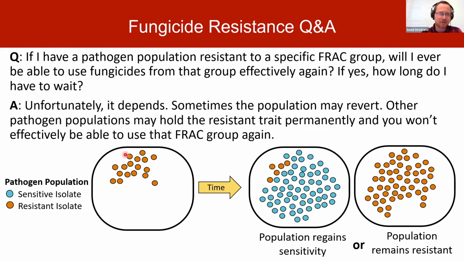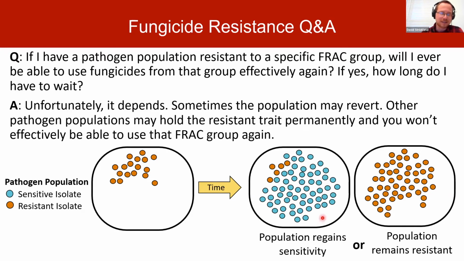So here's an example of a resistant isolate in, let's say, a field or an orchard, and the grower stops using a particular FRAC group that led to the resistance in question, and they have to wait a long time. And that time is indeterminate, totally dependent on the pathogen and the resistance mutation that they have, whether or not the mutation is removed over many generations or only after a few generations of that fungal population.